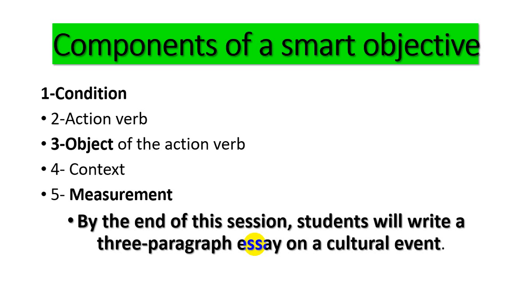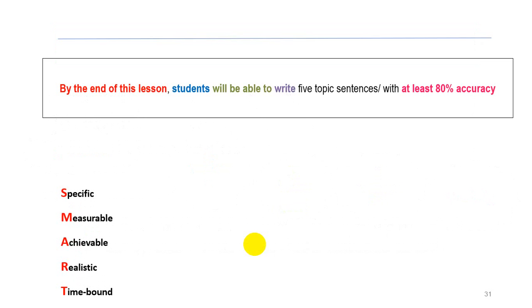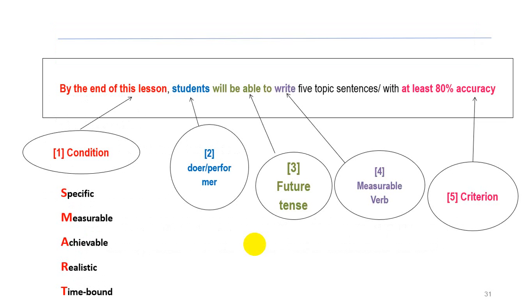And then we have a measurement. How can we measure the success of the students in accomplishing this task? By finding out, or by grading his 3-paragraph essay. So here we'll find out that this is a very SMART objective. Why is it very SMART? Because it is specific. It's measurable. We can measure to what extent our students succeeded to accomplish the assigned task.